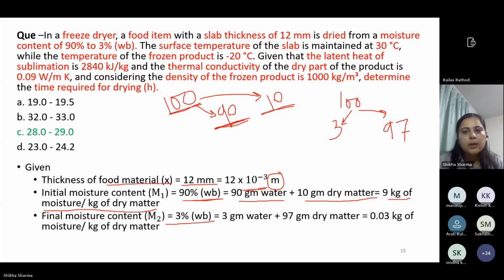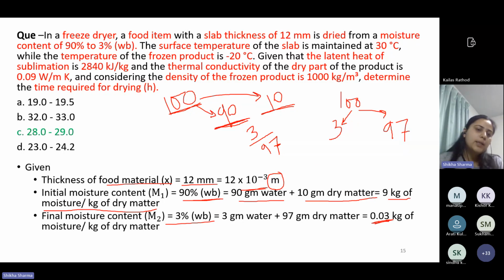So 3 divided by 97, that is 0.03. In 1 gram of dry material, or in 1 kg of dry material, there is 0.03 gram or 0.03 kg of water.